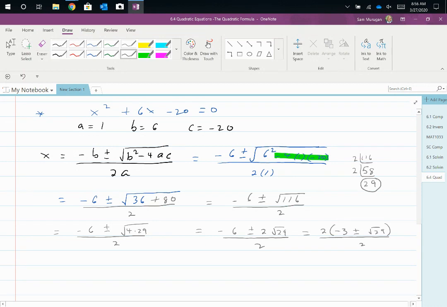And then notice that the 2 cancels out with the 2 to give minus 3 plus or minus the square root of 29. So my two solutions are negative 3 plus the square root of 29 and negative 3 minus the square root of 29.